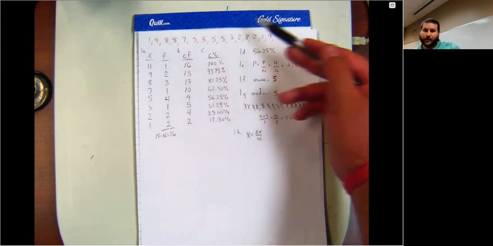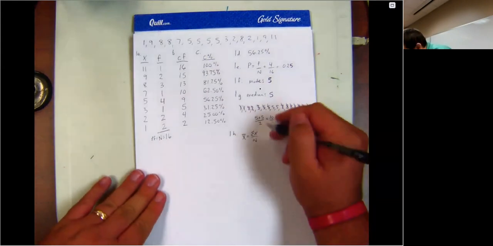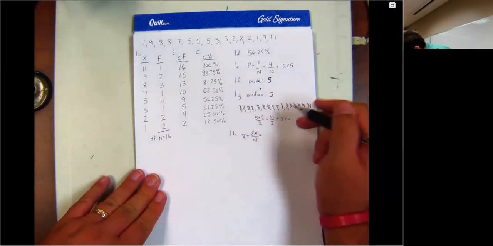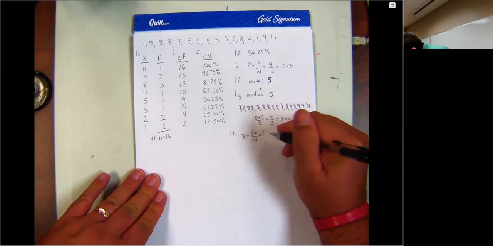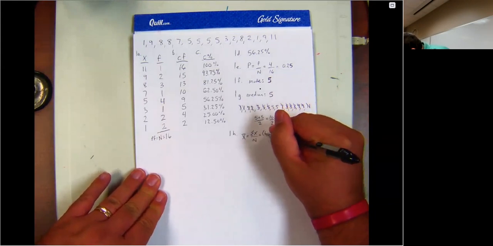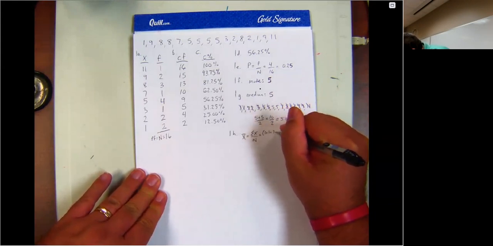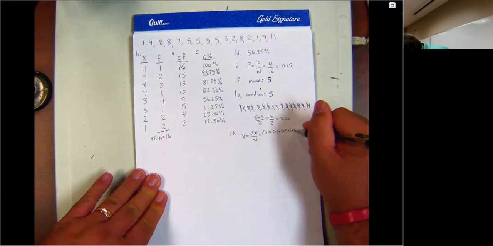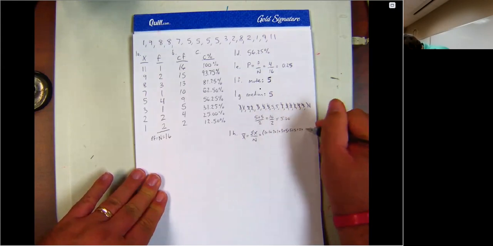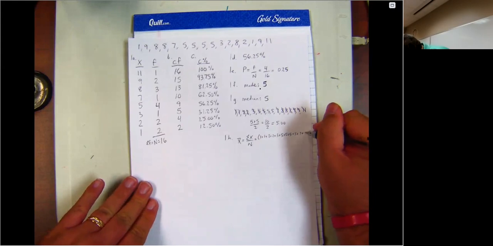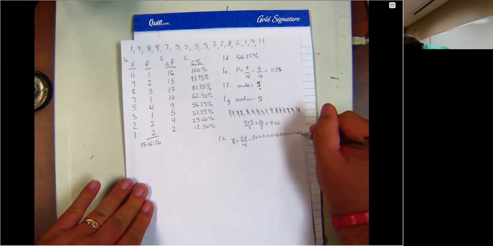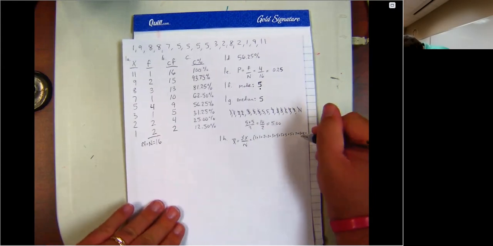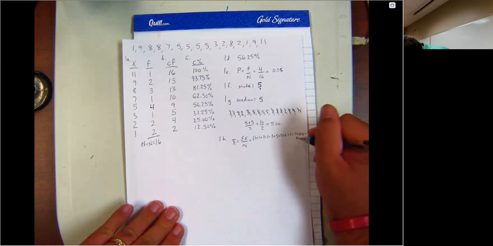We want to use the raw data. They're ordered up above, so I'll put them in order to make sure I got them all. This would be 1 plus 1 plus 2 plus 2 plus 3 plus 5 plus 5 plus 5 plus 5 plus 7 plus 8 plus 8 plus 8 plus 9 plus 9 plus 11.